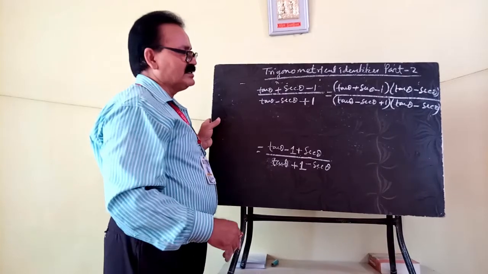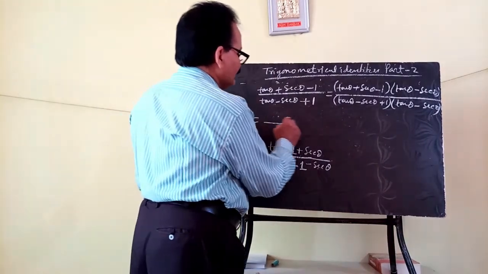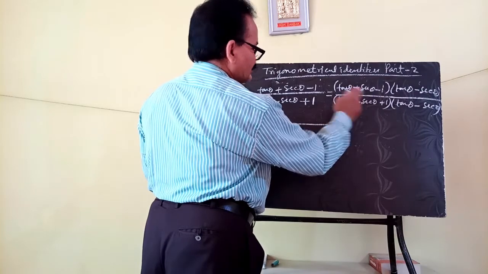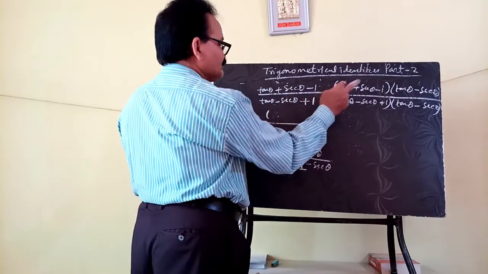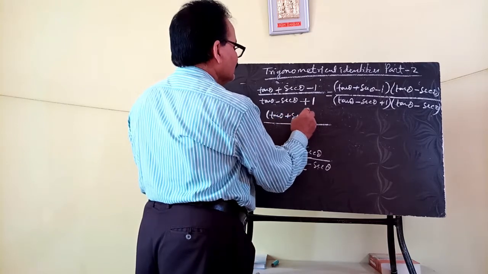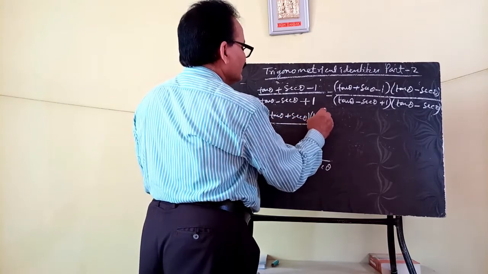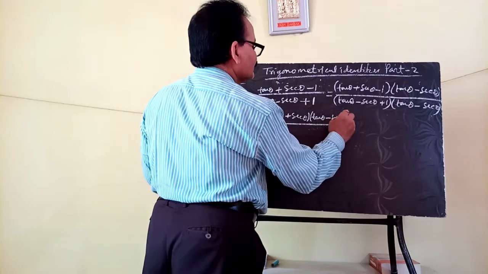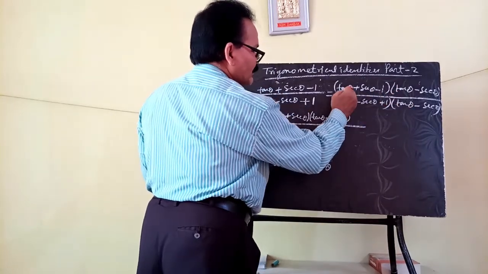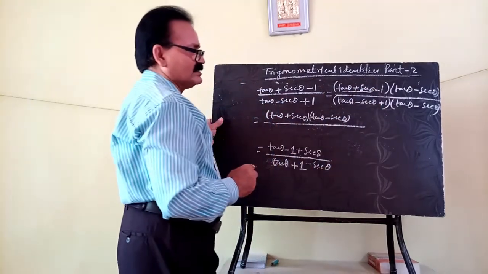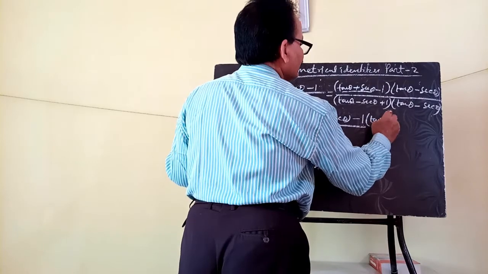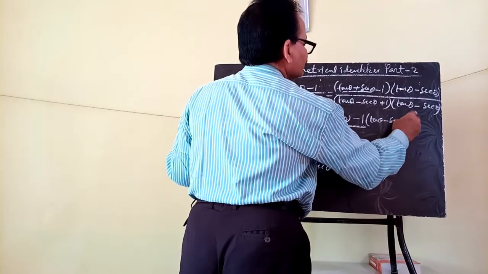By multiplying this, if you open the bracket, you can split it up: tan theta plus sec theta into tan theta minus sec theta, and then minus 1 into tan theta minus sec theta.